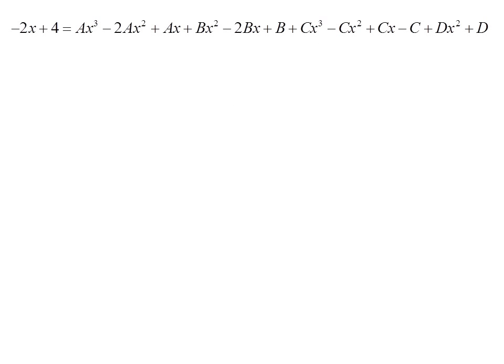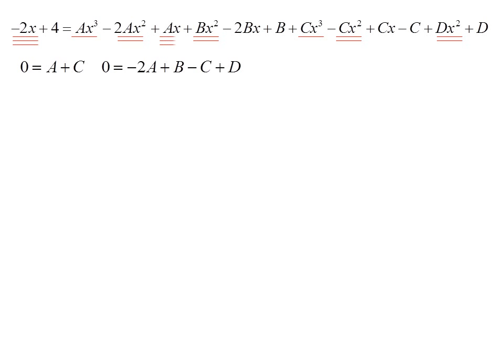Now we need to set like terms equal to each other. First, the x cubed terms. There are no x cubes on the left, so we get 0 equals a plus c. And notice I didn't bother to write down the x cubed. For the x squared terms, we find 4 of those, and we get 0 equals negative 2a plus b minus c plus d.